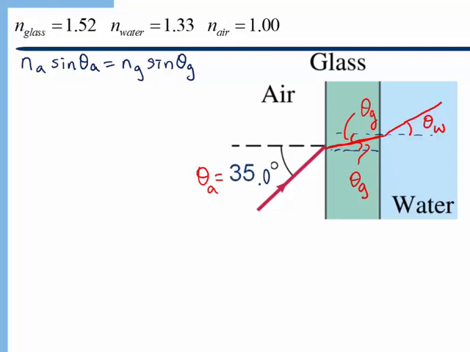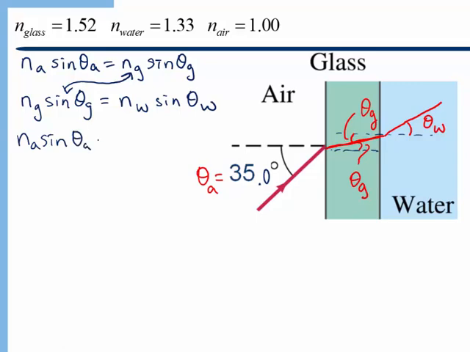When I write down Snell's law, it's going to be n g sine theta g equals n w sine theta w. In fact, in this problem, you don't have to solve for theta g, because all we really care about is theta w, the angle in the water. Since this side of the equation and that side of the equation are the same, I can conclude from that that n a sine theta a equals n w sine theta w.